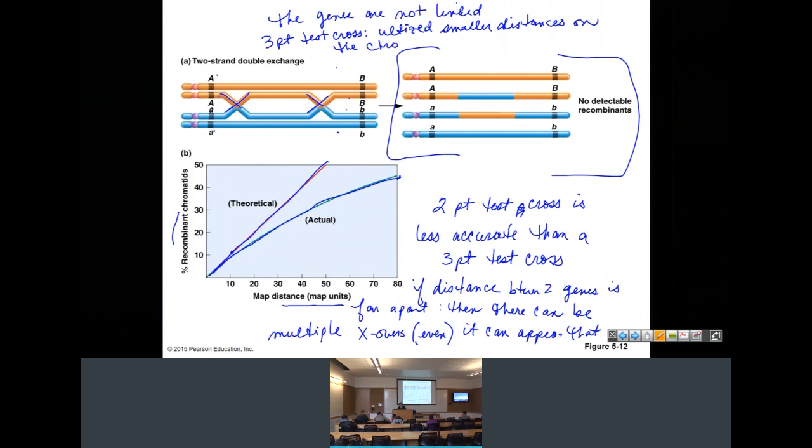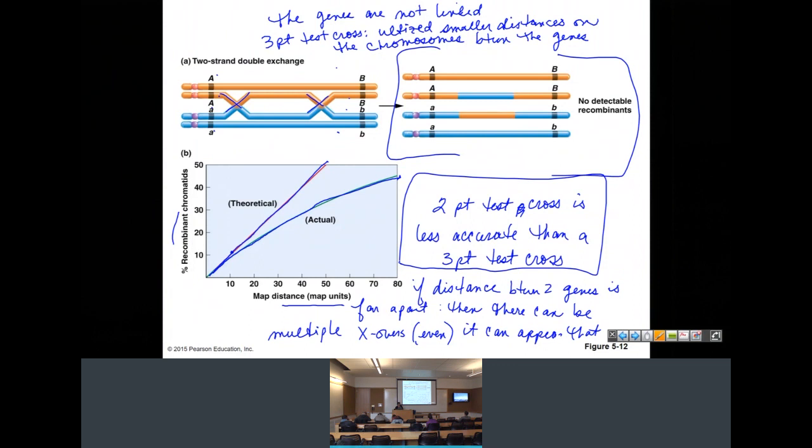This is so sloppy, I'm so sorry. I'll say it again because I'm sure you can't read it. On the chromosomes between the genes. So I wrote, a 2-point test cross is less accurate than a 3-point test cross. That's like a fact. Why?